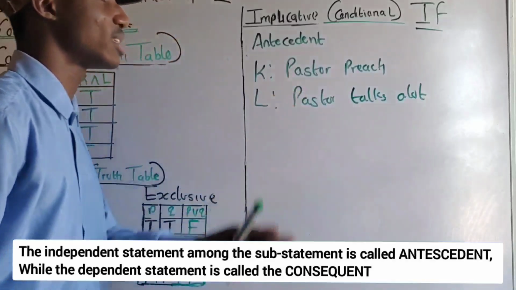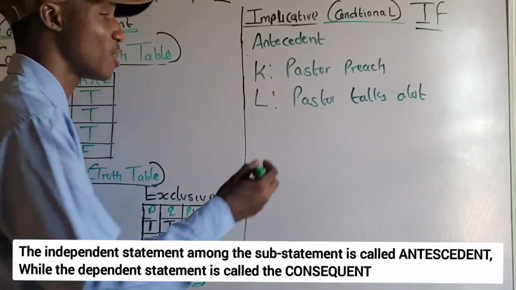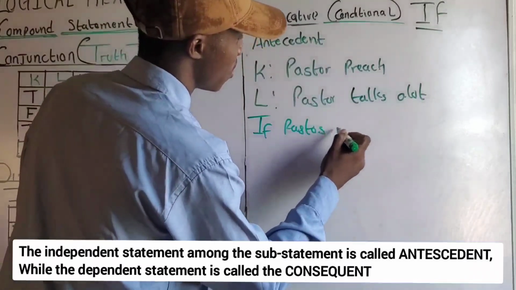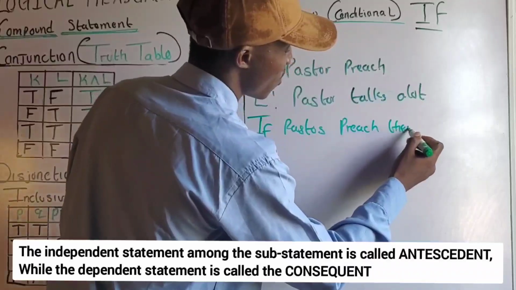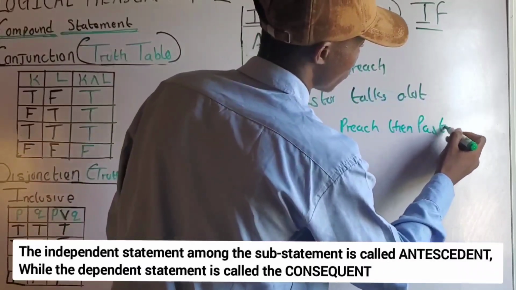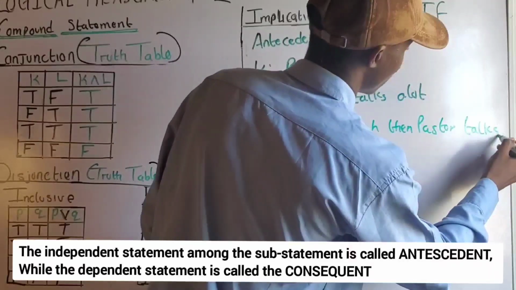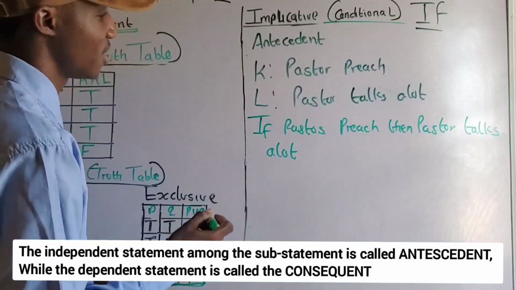Now, looking at these two statements, if I want to write a conditional statement for them, I'm going to have: if pastor preach, then pastor talks a lot. Please pay attention.